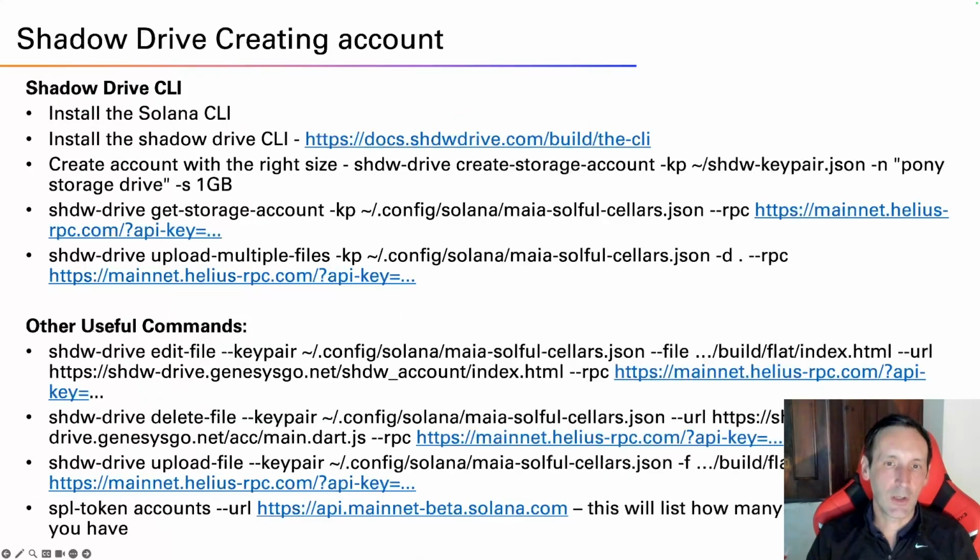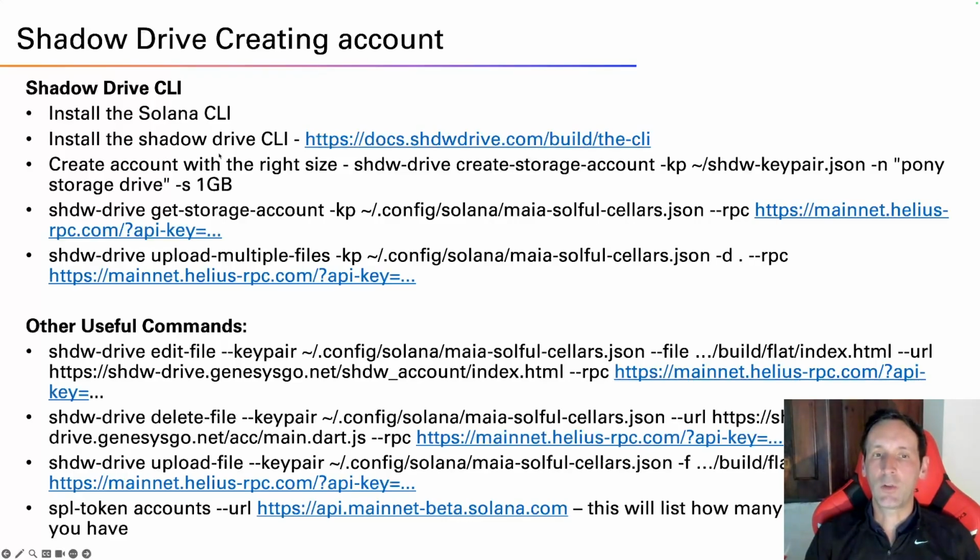So let's go to the next one. Talking a little bit about the command line instructions that you need to know. Obviously first, in order for any of this to work, you need to have your Solana CLI installed. That's super important.